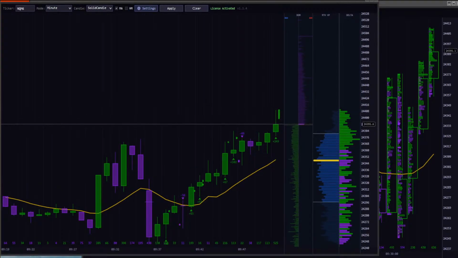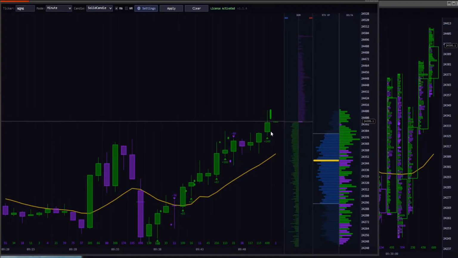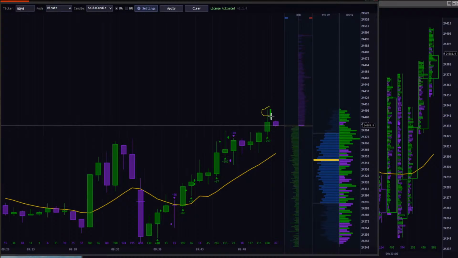We got a huge delta surge right there, but looks like if this delta surge gets absorbed, we had a delta surge of 500 and some delta on a 1 minute. If they get absorbed here and we start, okay, that's not what I like to see. I like to see it close. I want to see this candle close at least right here, halfway of that delta surge.